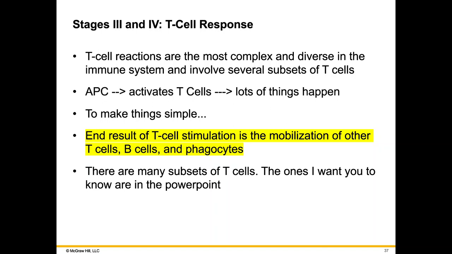We're not going to go into all the details, but to make things simple, the end result of that T cell stimulation is the mobilization of other immune cells. That can include phagocytes, B cells, other T cells. There's various subsets of T cells, but again, the only ones I care that you know about are on the PowerPoint.